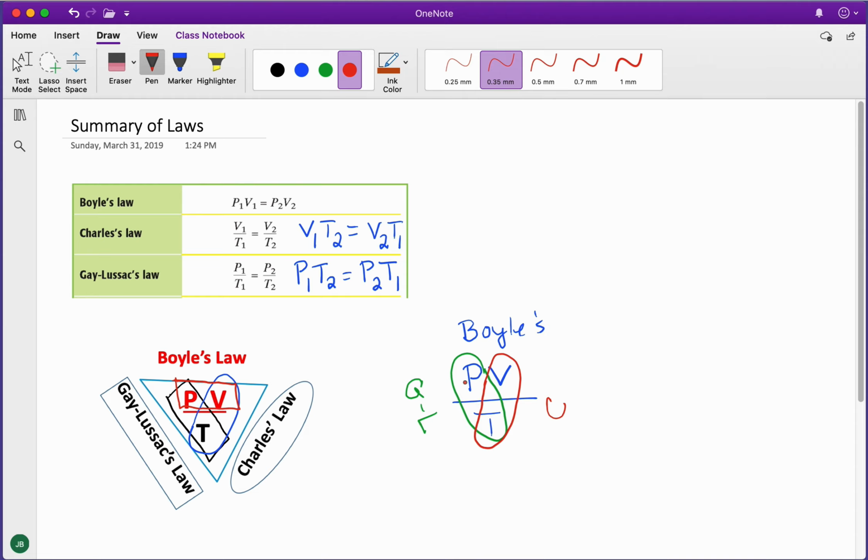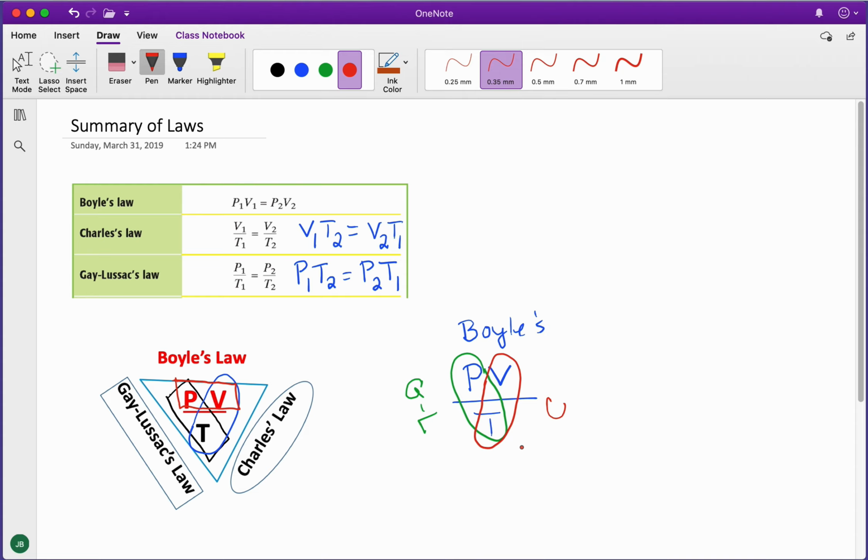So ladies, if you can memorize this page right here, if you can take that information and know what is direct, what is inverse, and what the graph is going to look like, what's going to be graphed on the x-axis, what's going to be graphed on the y-axis, these are the main points of all three of these laws.